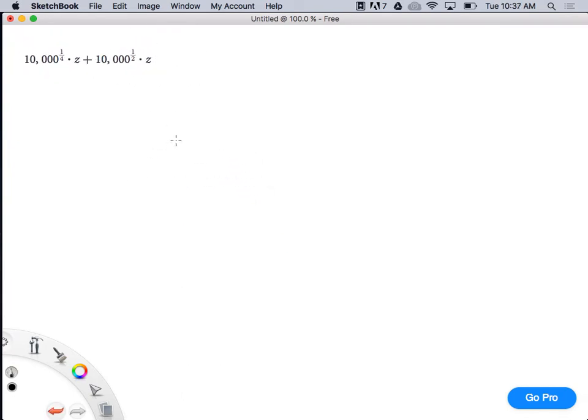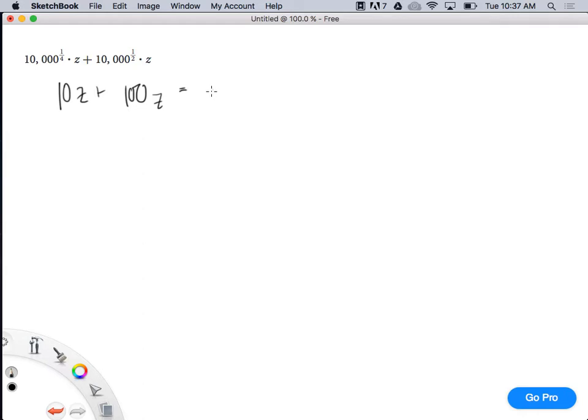All right. 10,000 to the 1/4 power, guys. It looks hard, but it's actually just arithmetic. The 4th root of 10,000 is what? Just guess. 10. 10, 100, 1,000, 10,000. Good. So this is just 10z plus the square root of 10,000 is what? 100. 100 times 100 is 10,000 plus 100z.